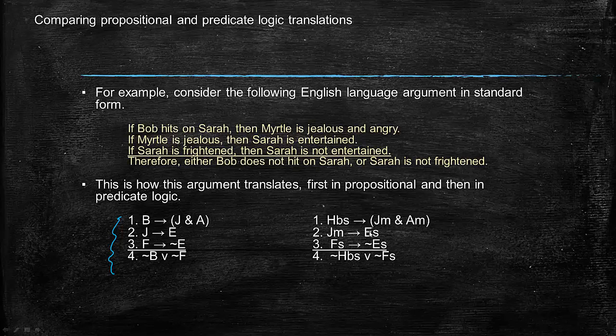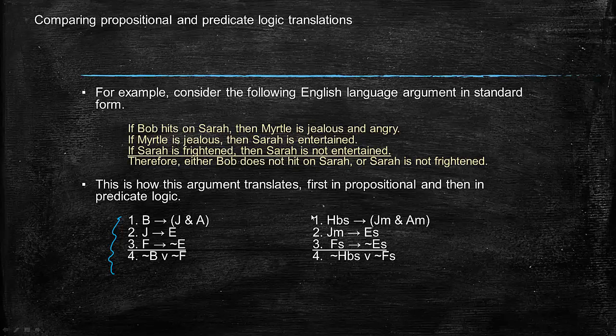But you can also now, if you want to, translate this into predicate logic. So HBS, Bob hits on Sarah, then, right, Myrtle is jealous and Myrtle is angry. If Myrtle is jealous, then Sarah is entertained. If Sarah is frightened, then Sarah is not entertained. So either Bob does not hit on Sarah, or it's not the case that Sarah is frightened.